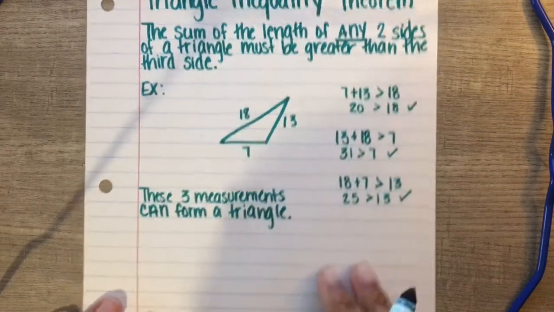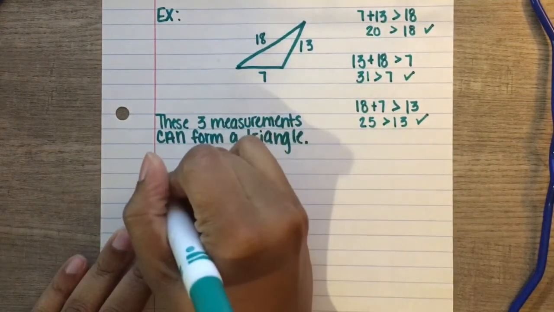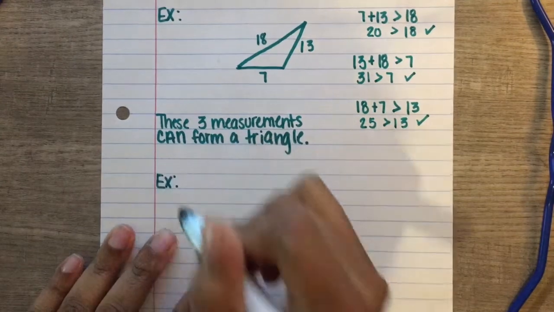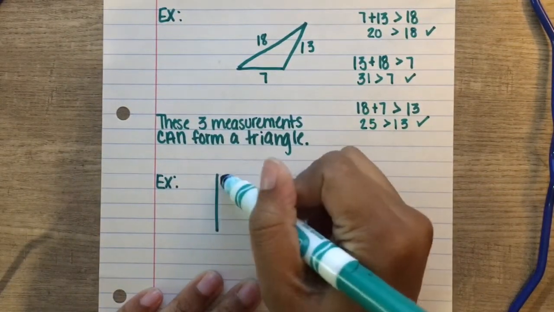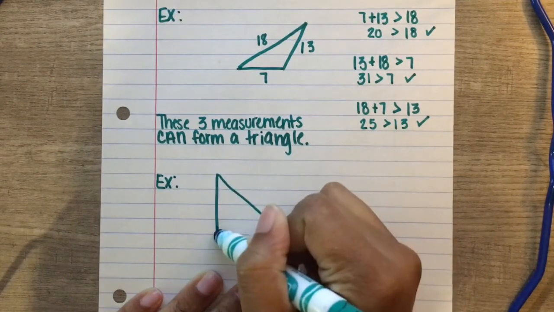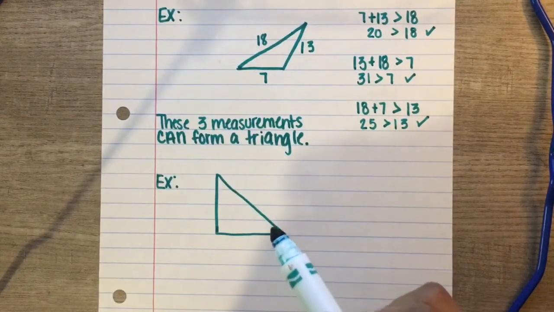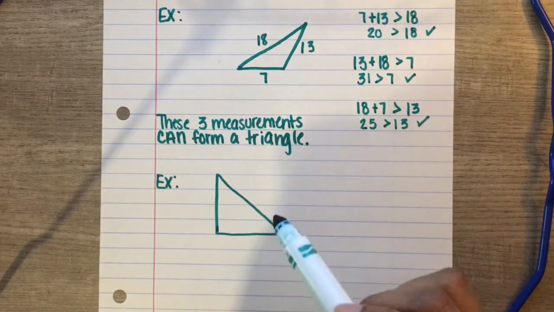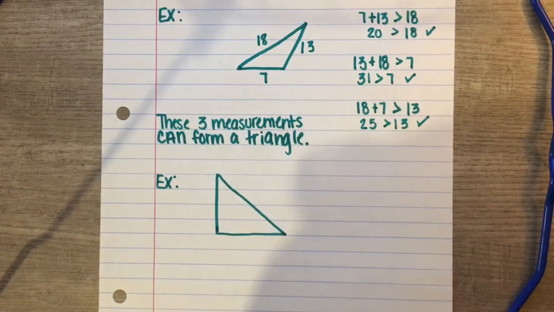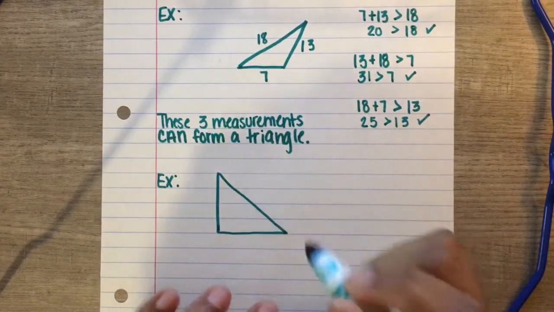All right, so let's do this example on here. And I mean, you can pretty much draw any triangle you want to. It doesn't matter what it looks like. So I say it doesn't matter what it looks like, but if you're looking at the measurements, you can make it look a little bit better than I made my triangle, but that's okay.